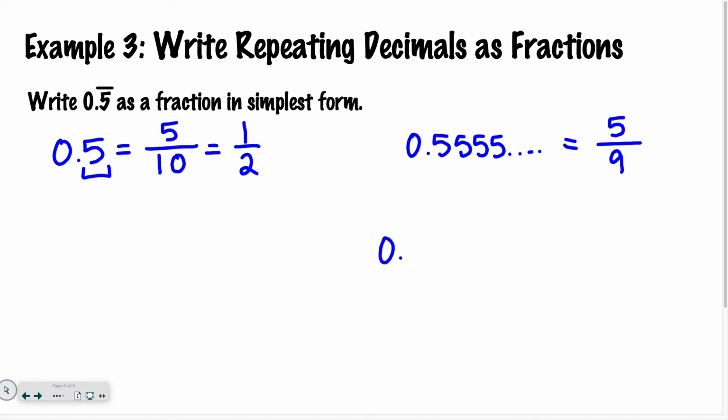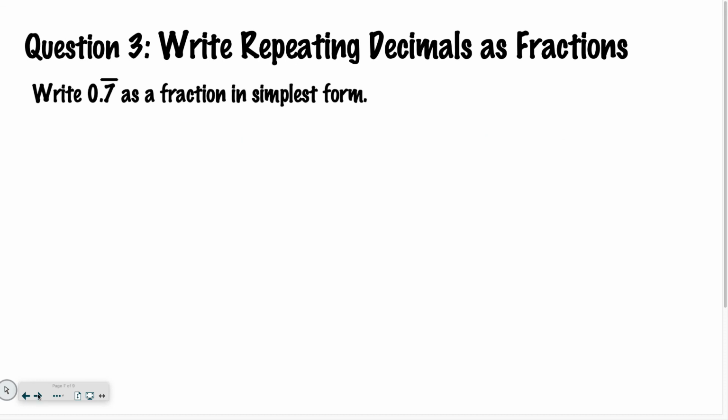So if we had 0.232323, that would be 23/99 because there are 2 numbers that are repeating. Okay, so that's how you convert a repeating decimal to a fraction in simplest form. So when it's a repeating decimal, you put it over 9 or 99 or 999, depending on how many numbers are repeating.